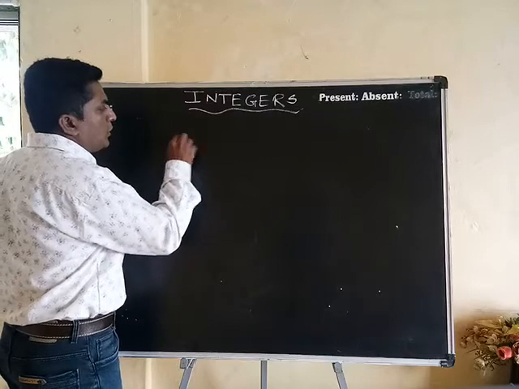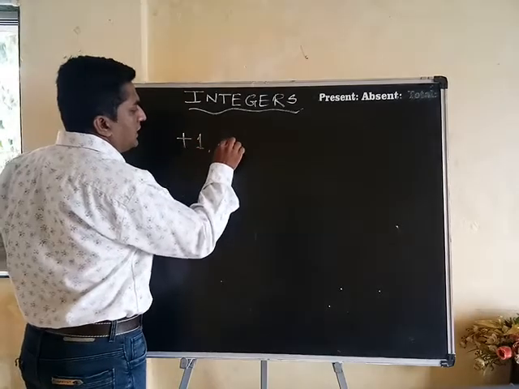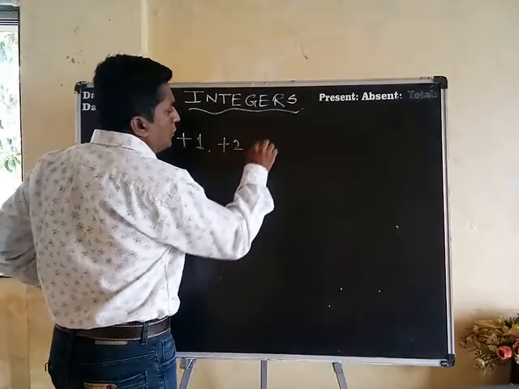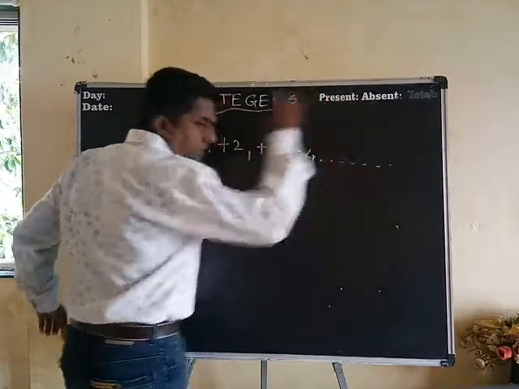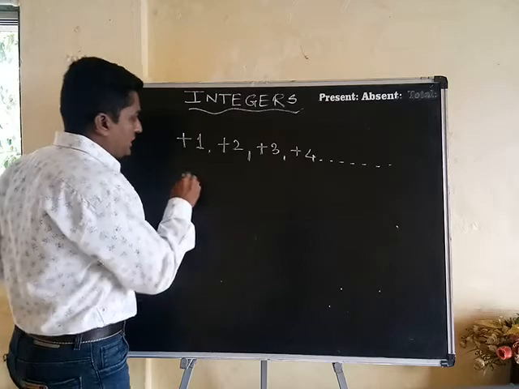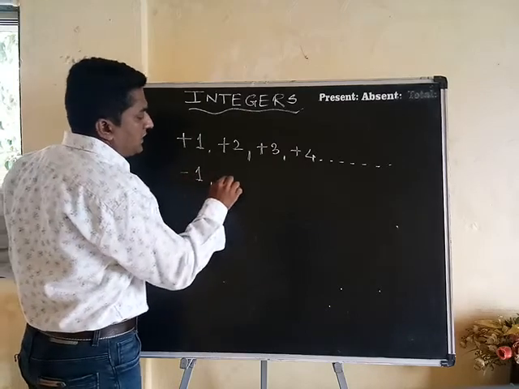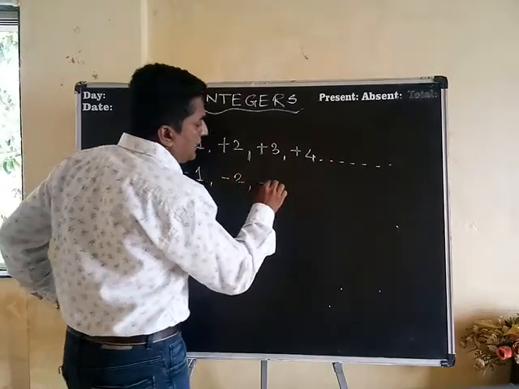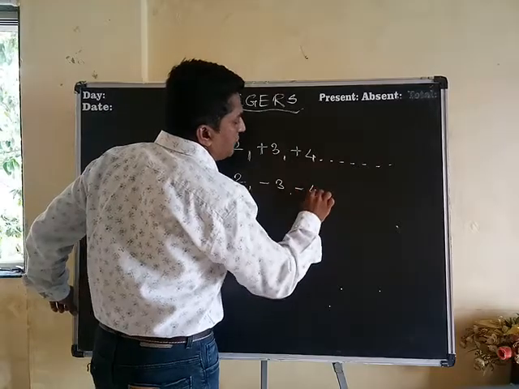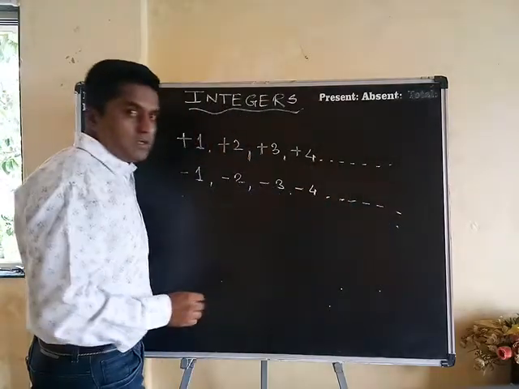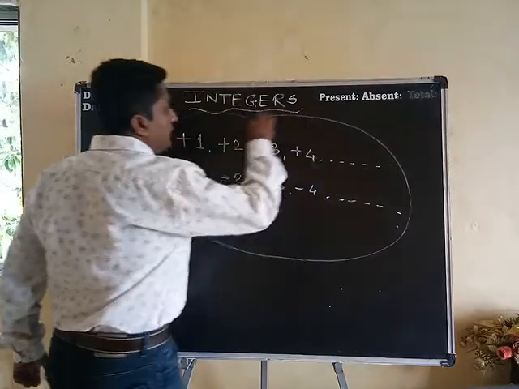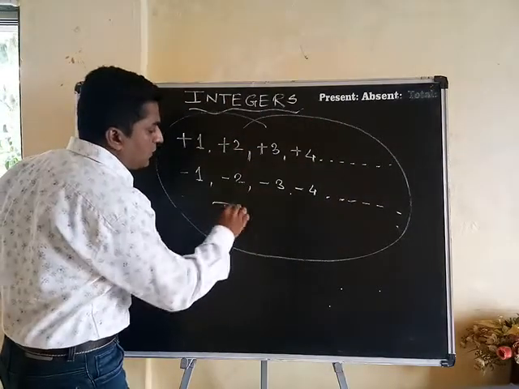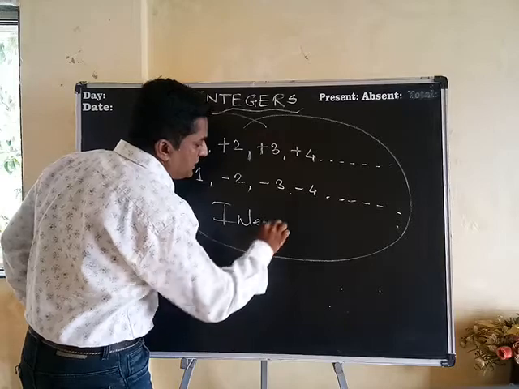As you know, positive 1, positive 2, positive 3, positive 4 and so on, as well as negative 1, negative 2, negative 3, negative 4 and so on. The group of all these positive and negative numbers are called integers.